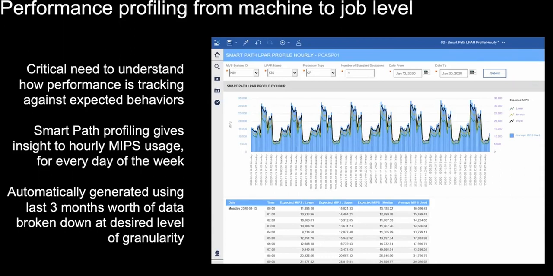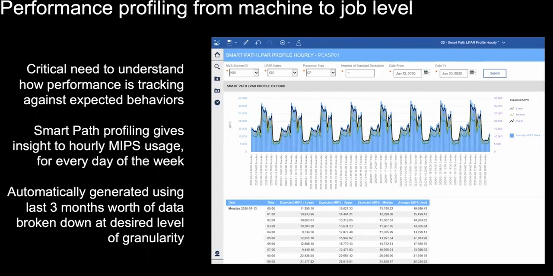So each line represents the expected, and an upper and lower bound, which in this example is 1 standard deviation. And the bar charts represent what was actually observed on those days. So you can see, and this is again an example, where suddenly we see a spike of actual activity that's considerably different to what we would normally expect to see at 12 o'clock on a Wednesday afternoon.